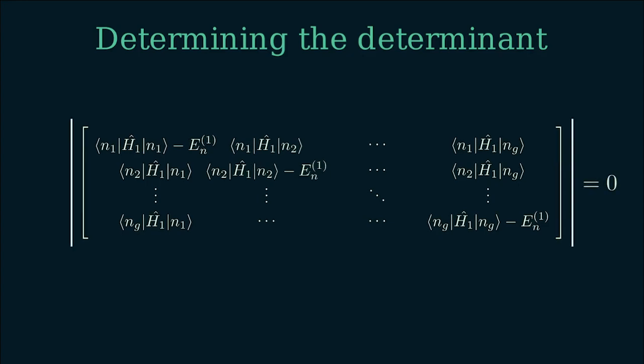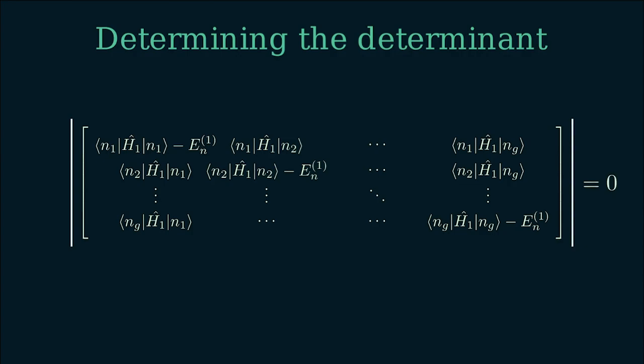Now notice that in this matrix, the only unknown is the energy correction term, En1. And since this matrix is G by G, the determinant will be a polynomial of gth degree in En1. So we have a gth degree polynomial, and that will give us up to g different values for this unknown En1.